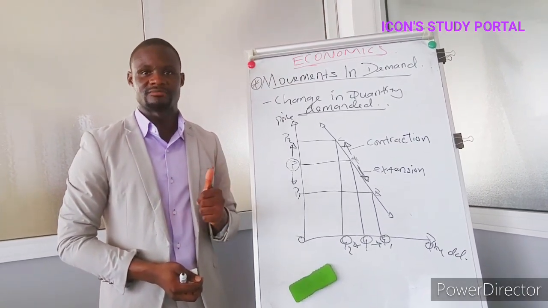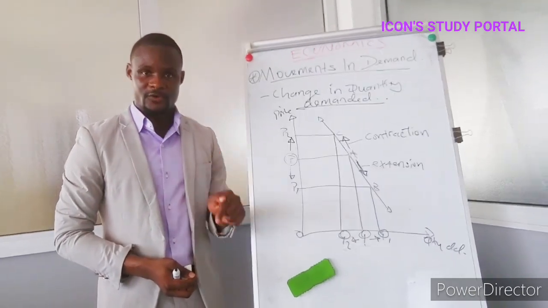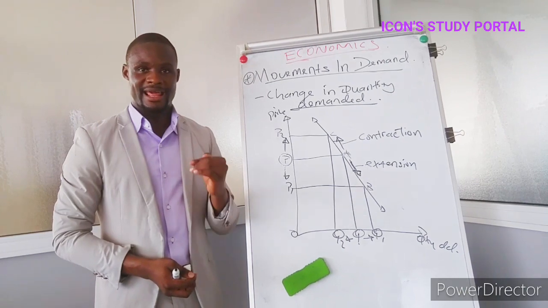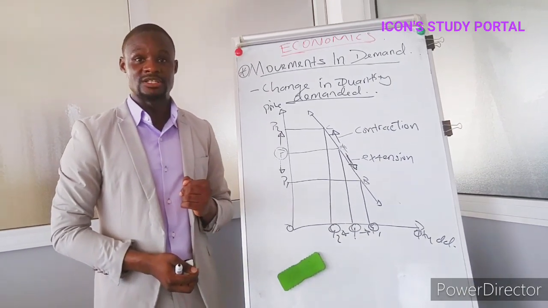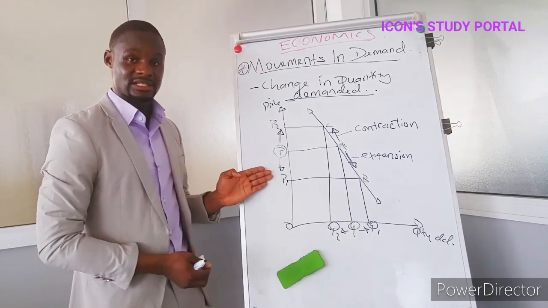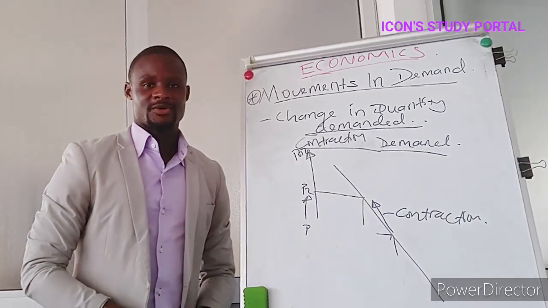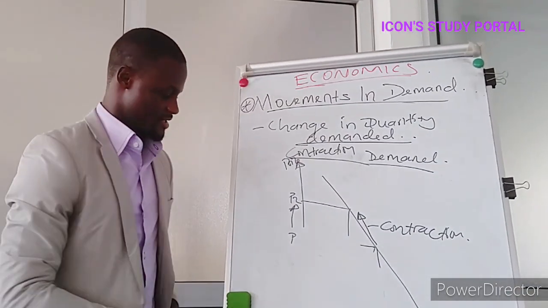A contraction in demand is caused by an increase in price, which leads to a fall in quantity demanded, while an extension in demand is caused by a fall in price, which leads to an increase in quantity demanded, as illustrated here. So let's look at the next, which is change in demand.